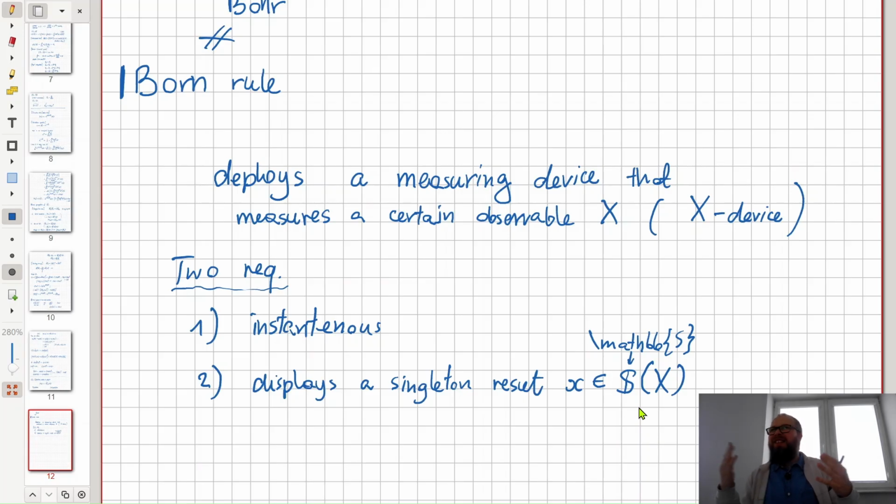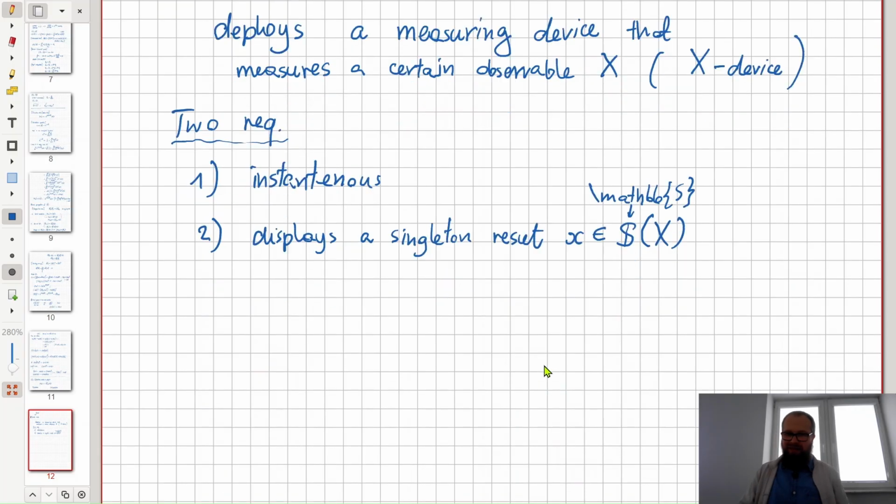So why even talk about observables? Well, because along the way we will discover that it's useful to have a concept of observable and a concept of device measuring this observable, because this observable will maybe appear in some different context than just measurement. But at the moment it's just the thing that is measured by this device. So it's like a circular definition. Good question, good catch.